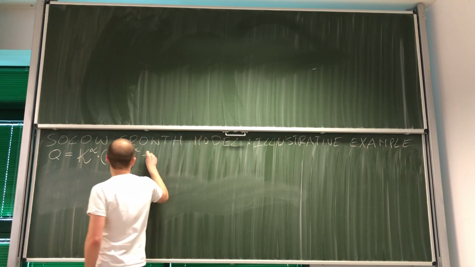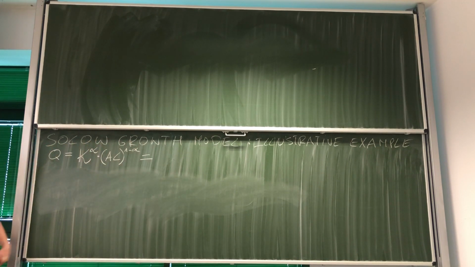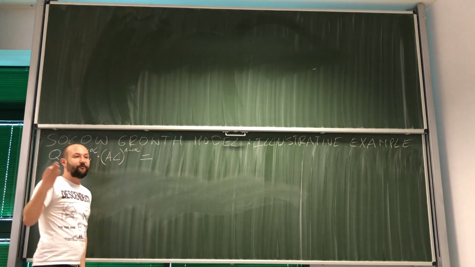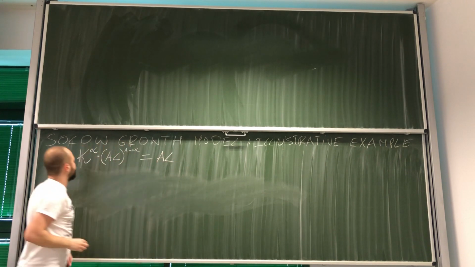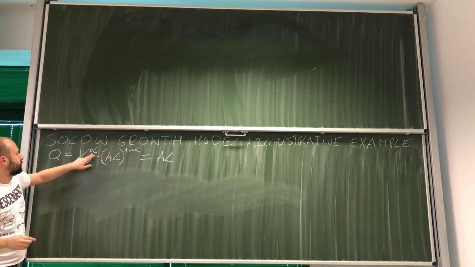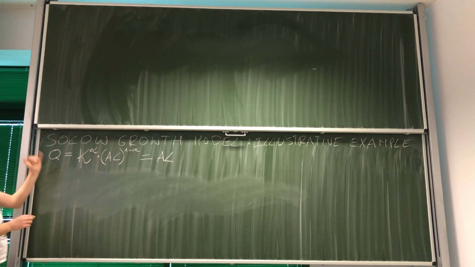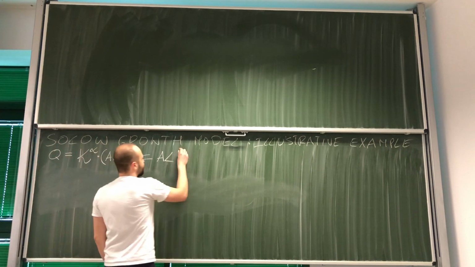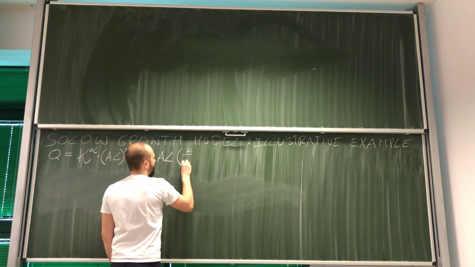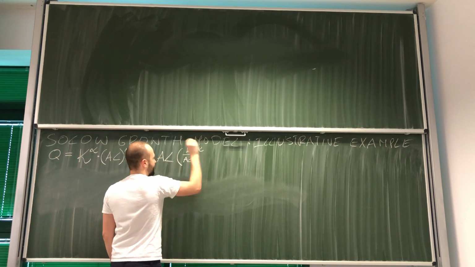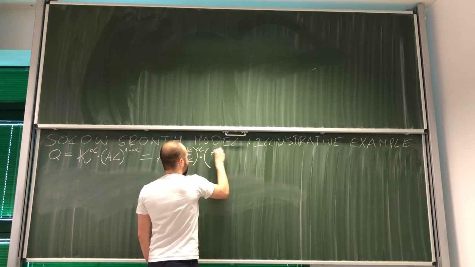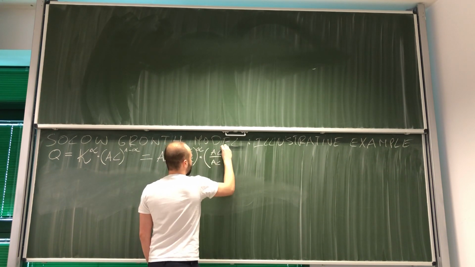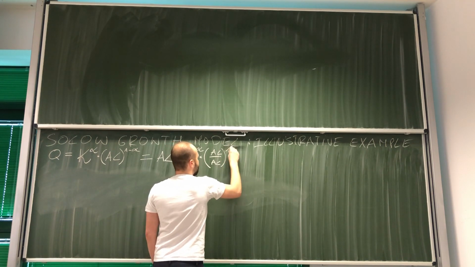The trick we used in the general form was to take AL out. Those two exponents add up to 1. So if I take AL out, what I get is K over AL to the power of alpha times AL over AL to the power of 1 minus alpha.